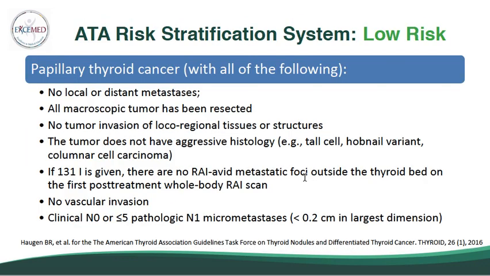so the American Thyroid Association actually devised a risk stratification system to help you decide about the intensity of post-operative treatment. So for example, the patient decides to undergo total thyroidectomy. After total thyroidectomy, you can classify the patient whether it's low risk, intermediate risk, or high risk based on the histopathology. So if you have a patient with a histopathology report, then you can look for these features and be able to tell that the patient is low risk.